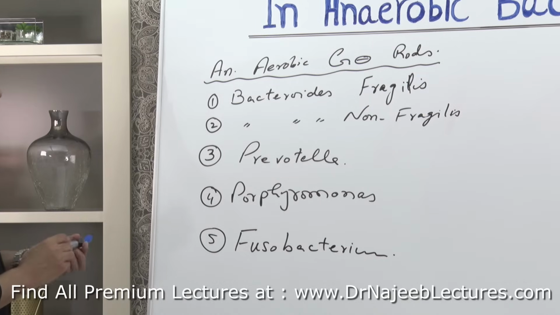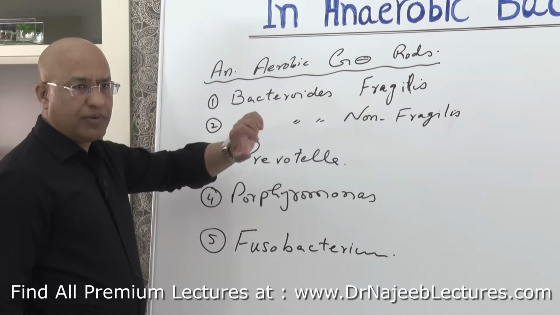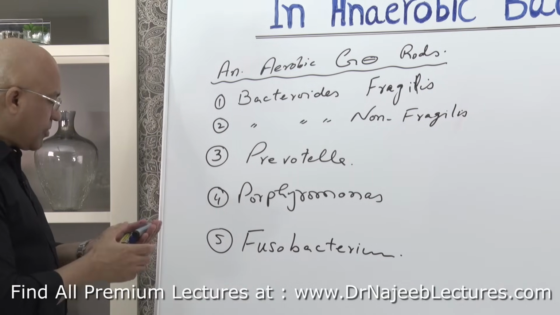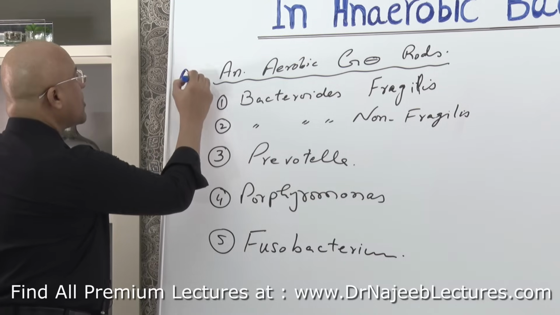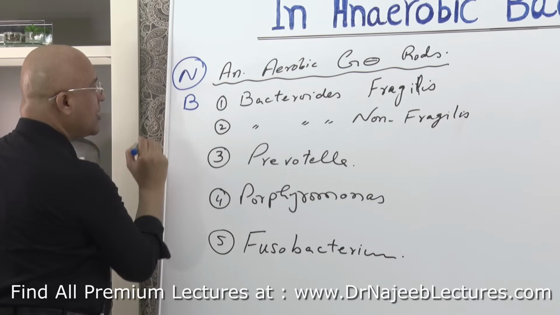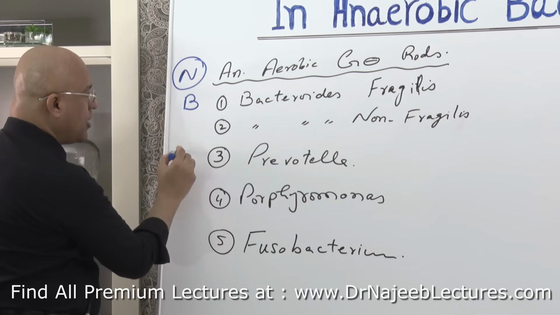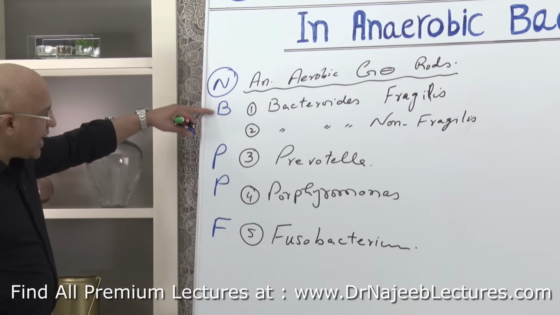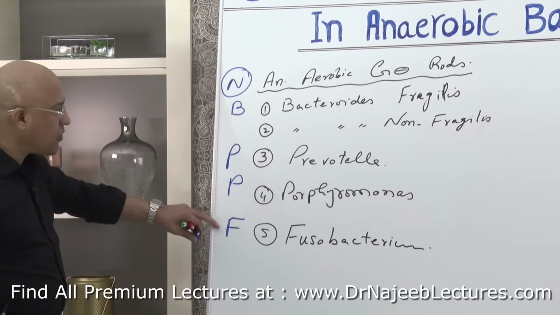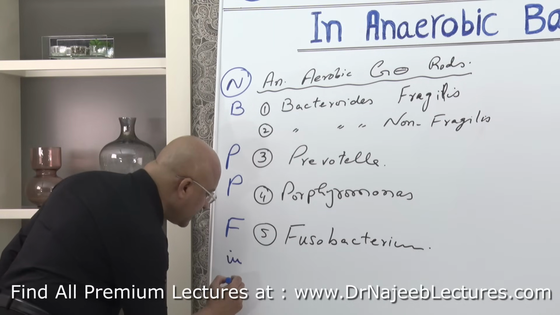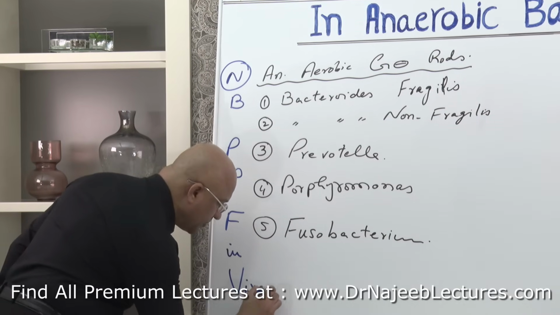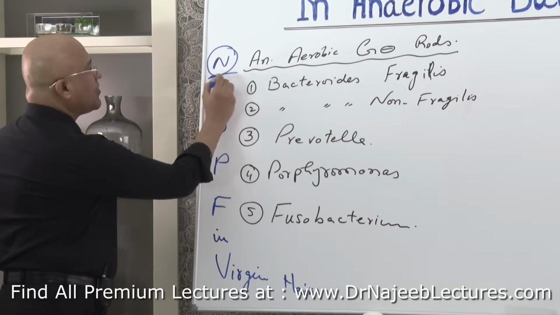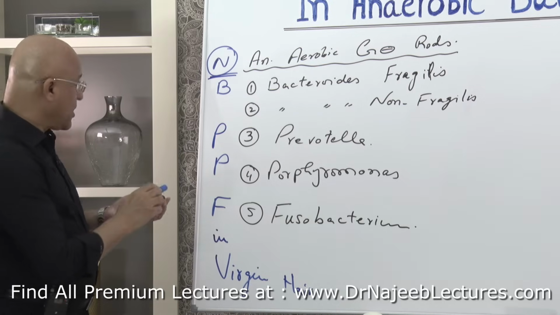One way to remember gram-negative anaerobes is a simple sentence: Naughty boy places pink flower in virgins. Where is virgin? Here. Naughty stands for negative, gram-negative anaerobes.